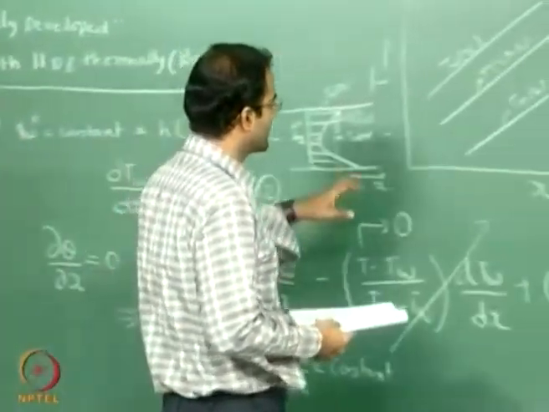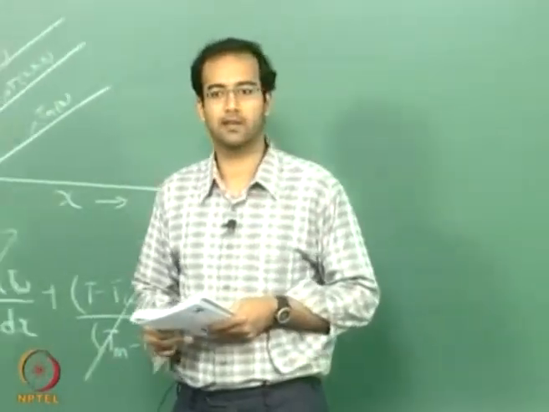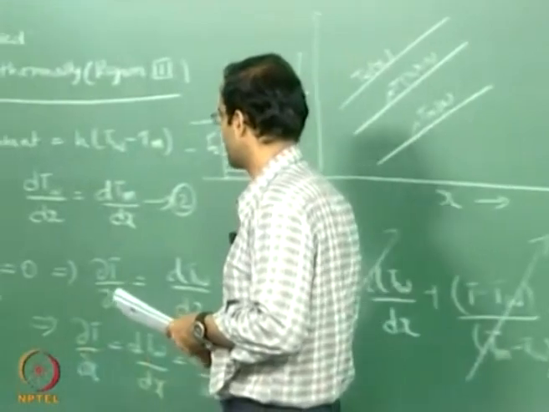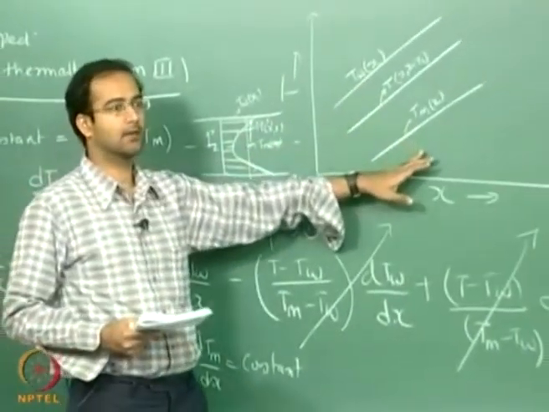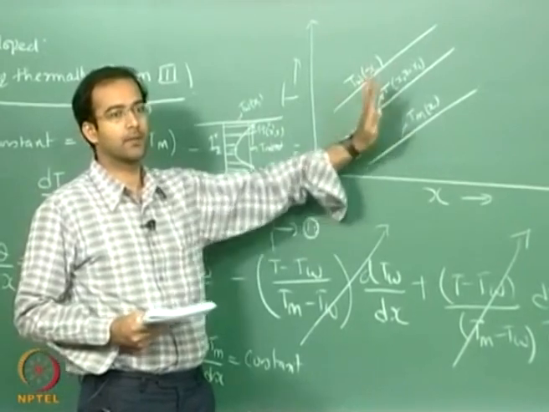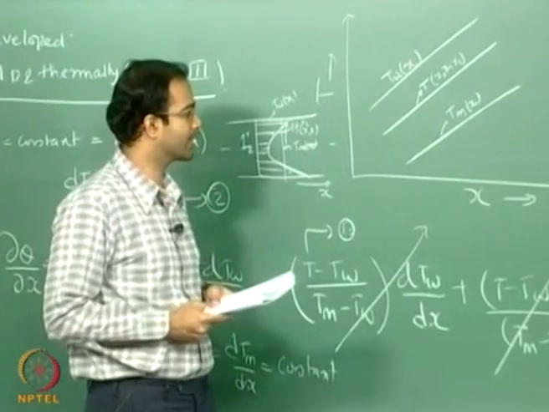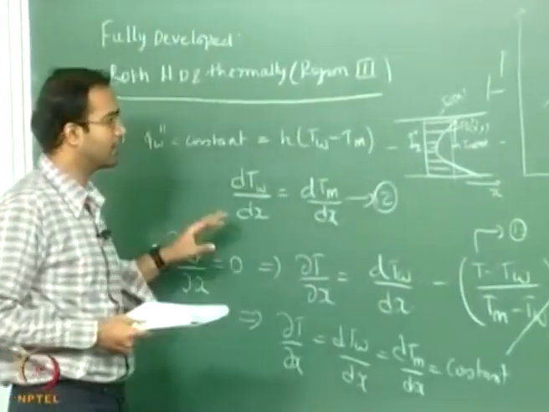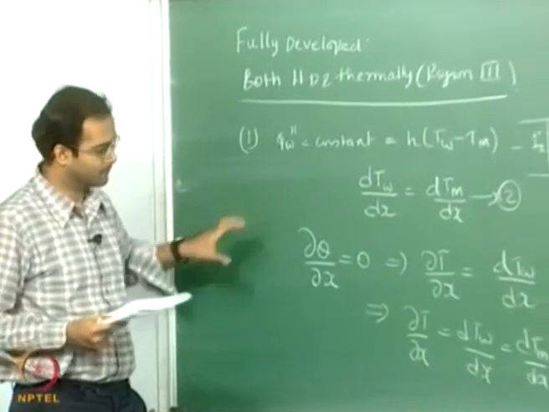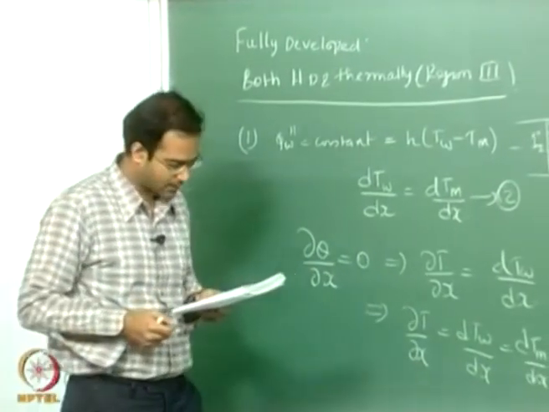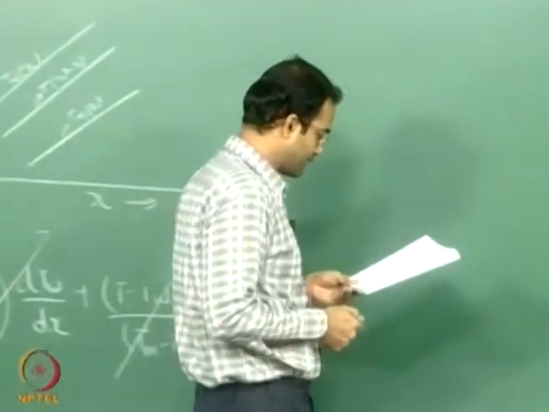So this is the characteristic of the temperature variation as far as the constant heat flux boundary condition is concerned. All the three variations are identical, they are just parallel to each other, but they keep varying with the axial position. That is the characteristic nature of thermally fully developed flow, of course they have to be hydrodynamically fully developed also. Now having seen this, we wanted to calculate the temperature profile itself.